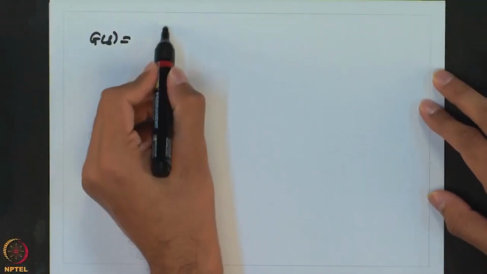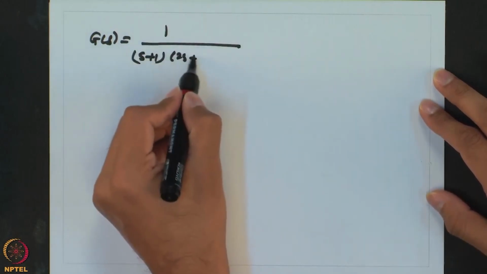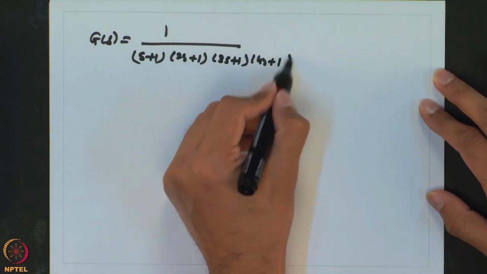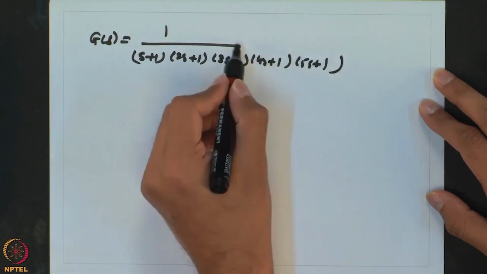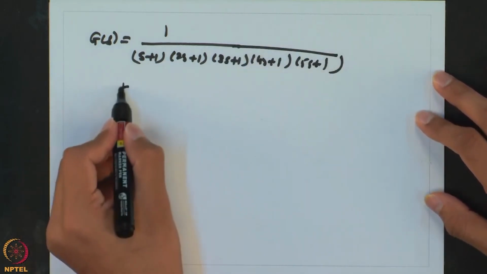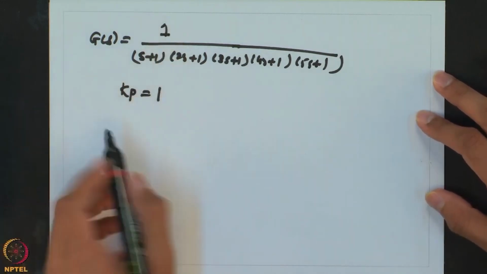So for this particular example, if G(s) was equal, let us say, to 1 over (s plus 1)(2s plus 1)(3s plus 1)(4s plus 1)(5s plus 1), if this was the transfer function, what we get is gain will be equal to 1, because the gain gets transferred directly.